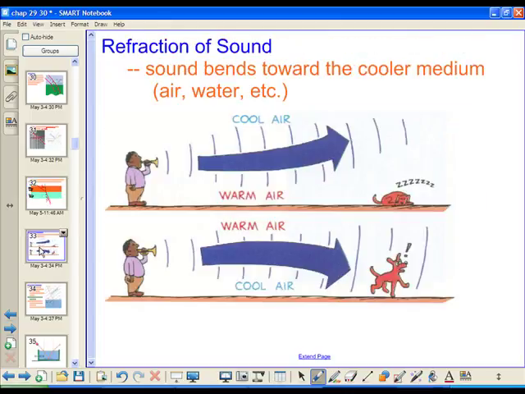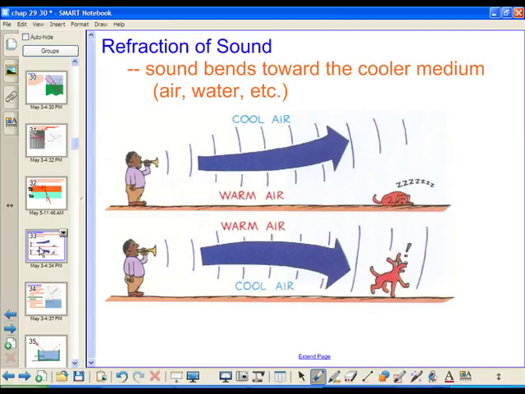Works for sound. Refraction of sound. Sound bends toward the cooler medium. It's going to bend toward the cooler medium, whether it's air, water, etc. So it bends toward it because it's slower up here than it's down here. So this part's moving faster than that part, so it bends up. Remember, warm air, speed of sound is faster than cold air.